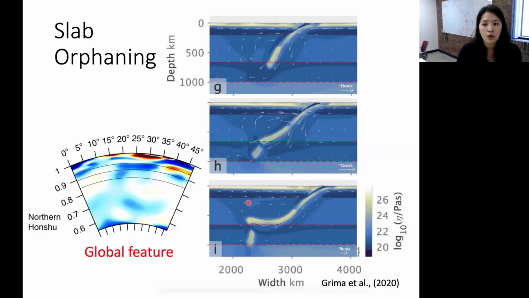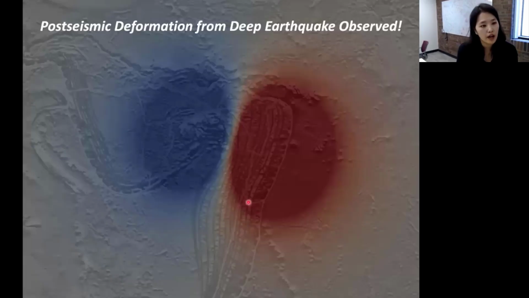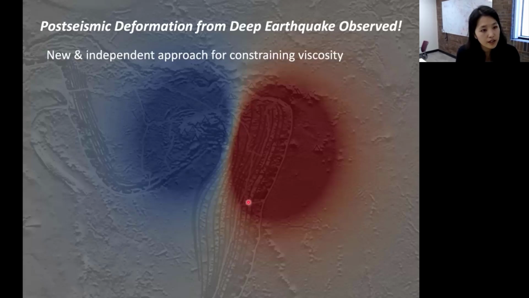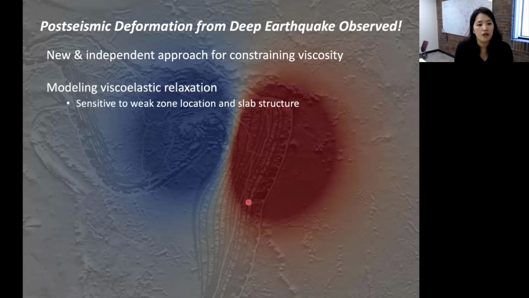I can go and wrap up and say, most importantly, post-seismic deformation from deep earthquakes has now been observed. This provides us with a new and independent approach for constraining viscosity. From our modeling, we know that we are quite sensitive to weak zone location, and we also learned that including the slab is really important.